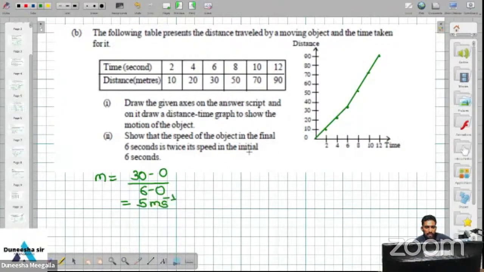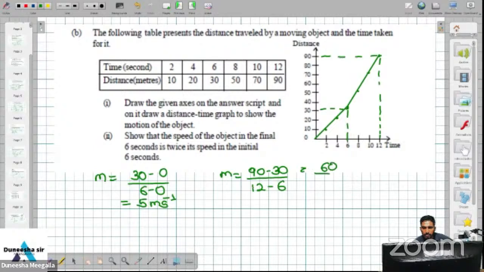Okay, gradient of the second part: m equals 90 minus 30 over 12 minus 6, which is 60 divided by 6, equal to 10 meters per second.